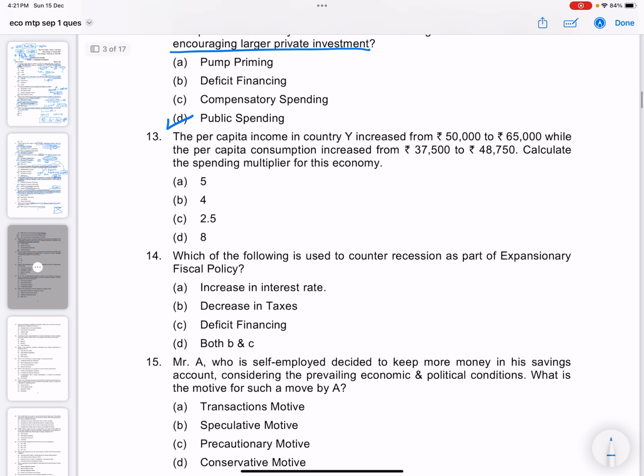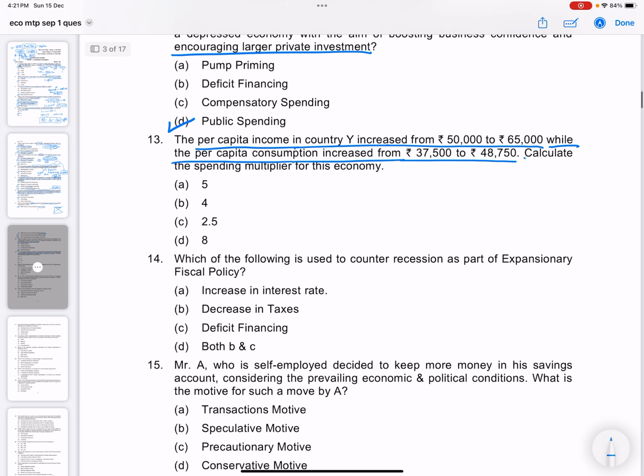Okay. 13th question, the per capita income in country Y increased from 50,000 to 65,000, while the per capita consumption increased from 37,500 to 48,750. Calculate the spending multiplier for the economy.